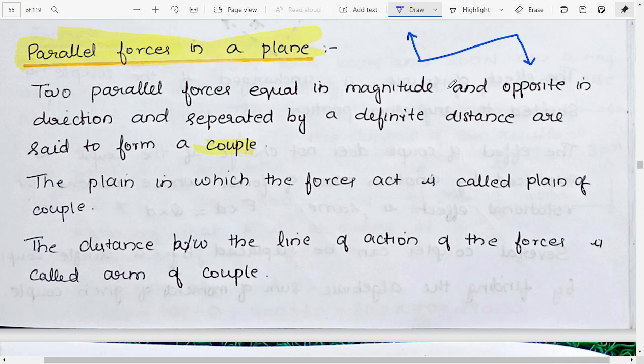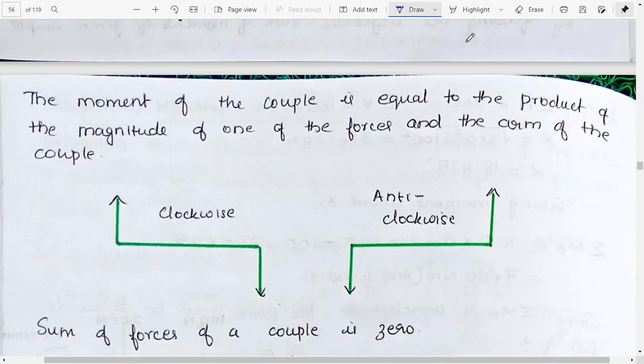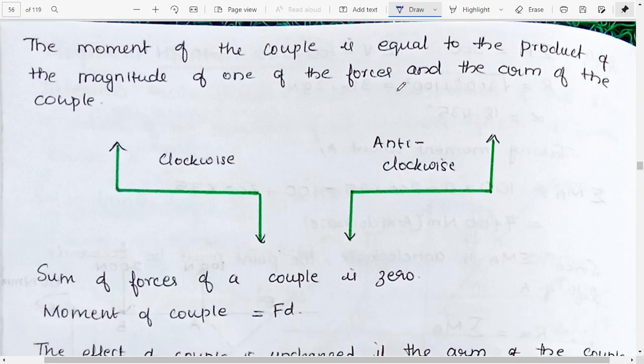The distance between the lines of action of the forces is called the arm. So this is the distance. The moment of a couple is equal to the product of the magnitude of one force and the arm of the couple. So they are saying that the moment of couple is just force into distance.